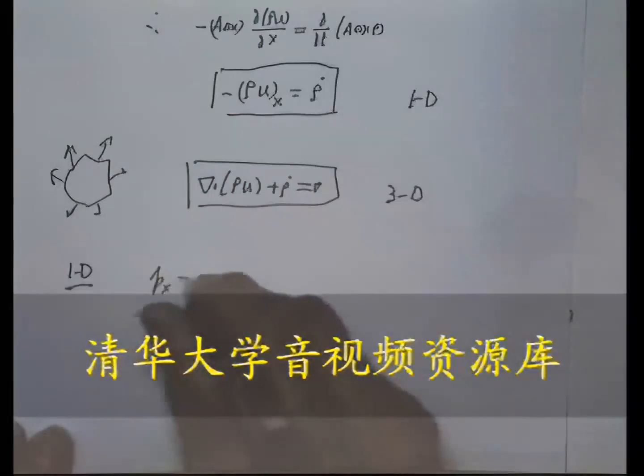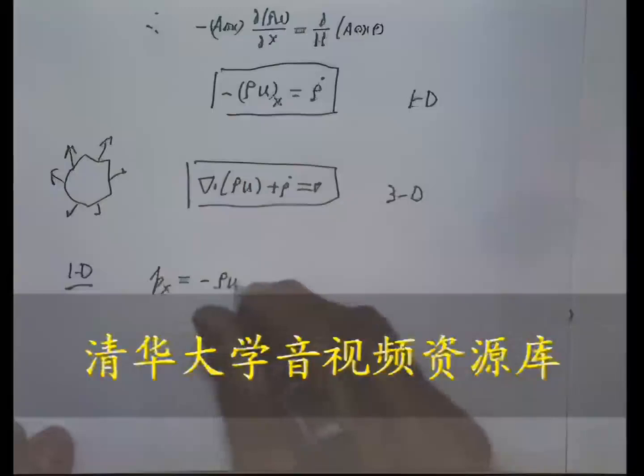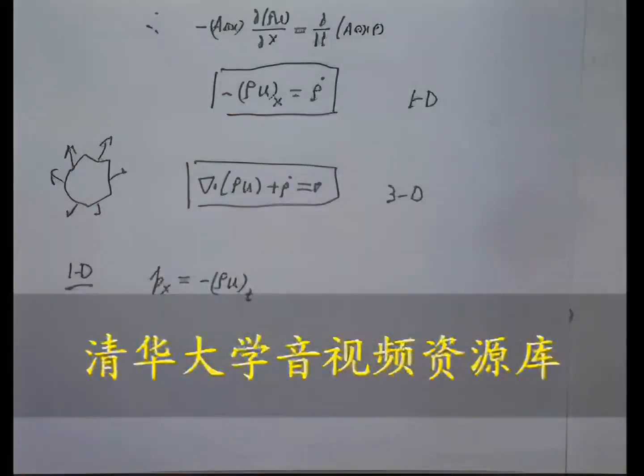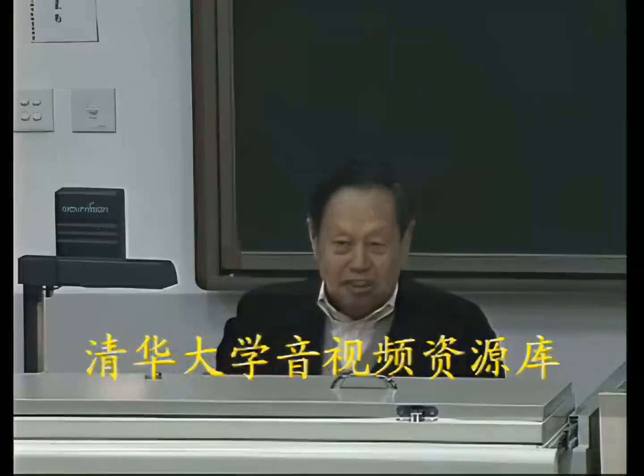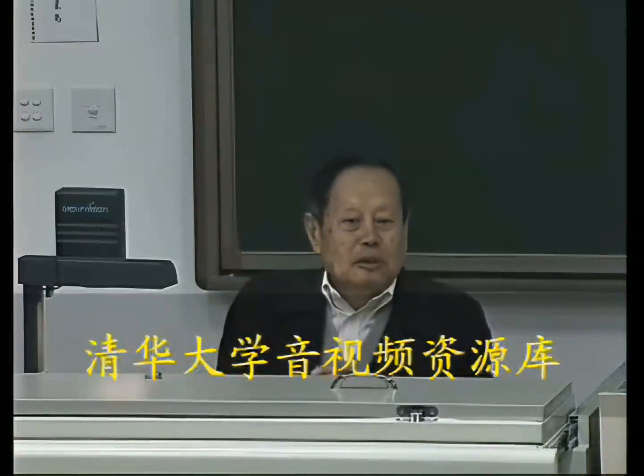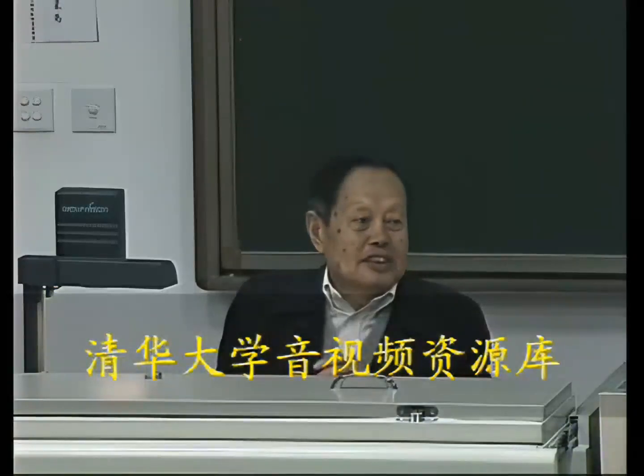We want to derive p_x equals minus rho u_t. At this point there is a pressure, and at this point there is a pressure. If the whole thing is uniformly moving, these two pressures are the same and balance each other, so what's inside suffers no force and its momentum does not change.